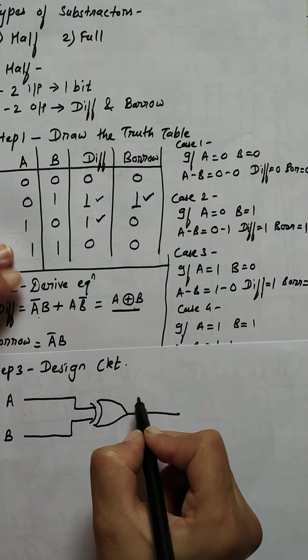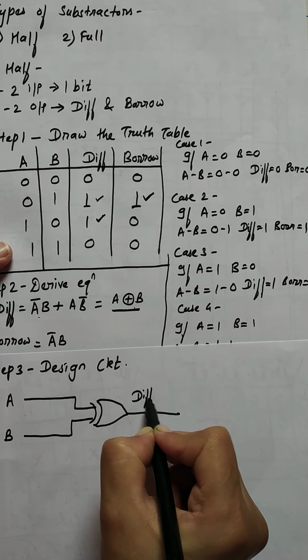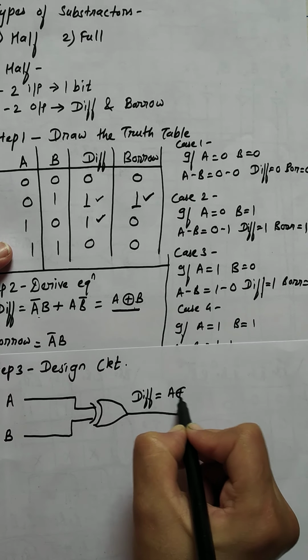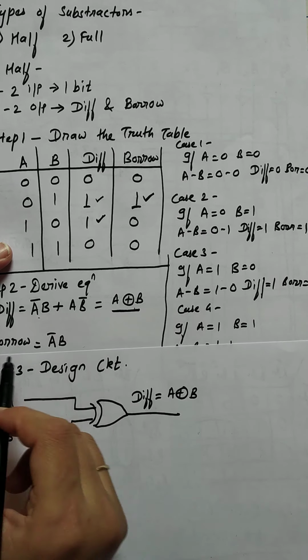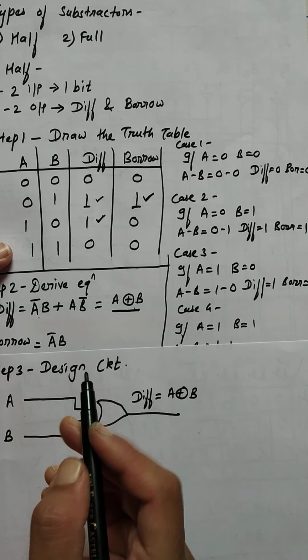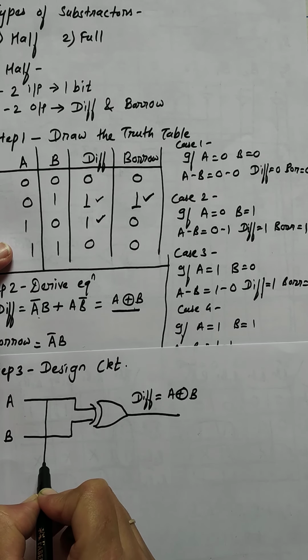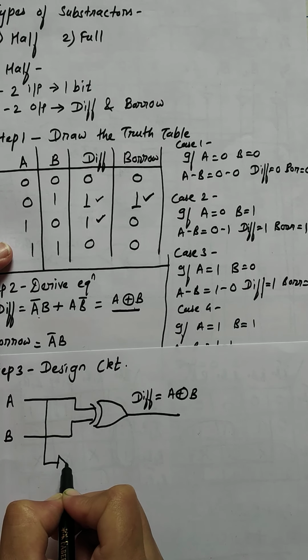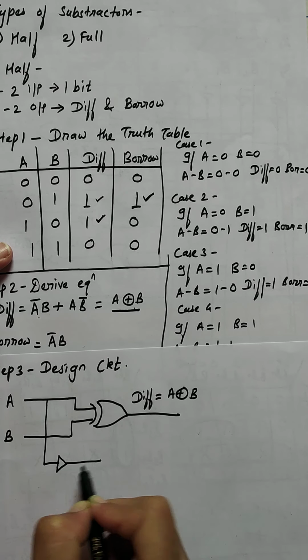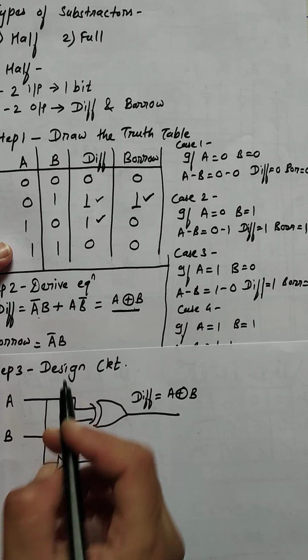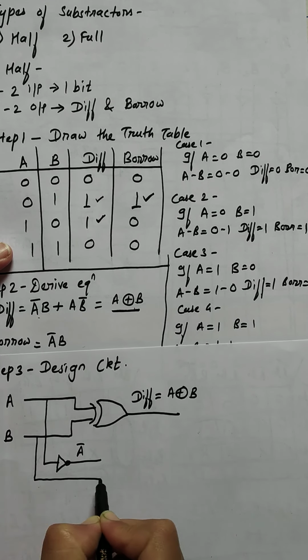Now I'll get here the difference, that is A XOR B, right? Now borrow is A bar B. A bar means a NOT gate is required, so I'll use a NOT gate and give input A to the NOT gate. Now here I'll get output as A bar, and another input is B, right?